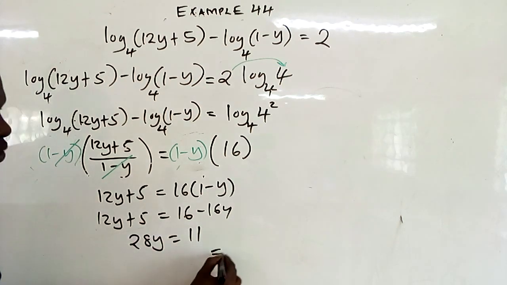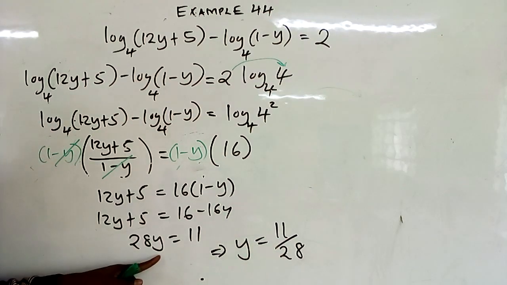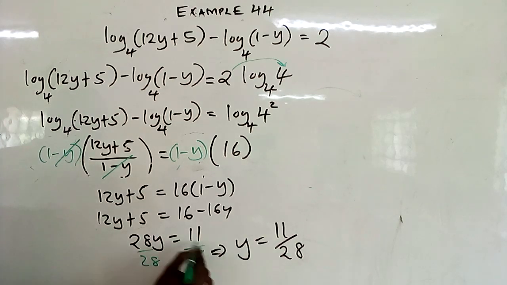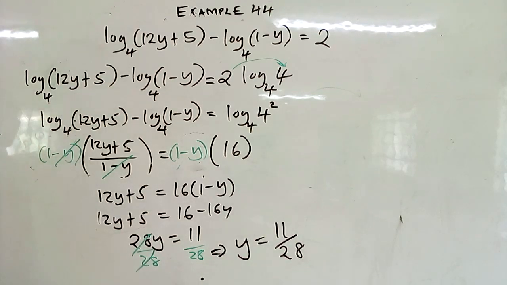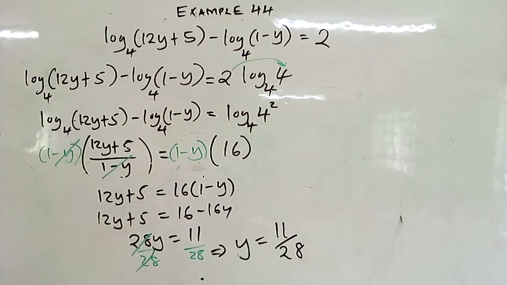So from there, you get y to be what? 11 over 28. You divide both sides by 28 to get y. So y is 11 over 28. Are we together? And you solve for y.